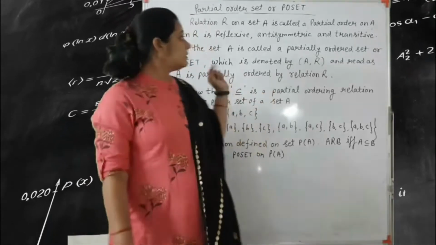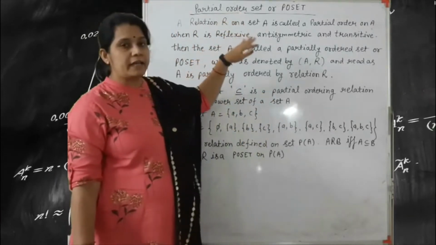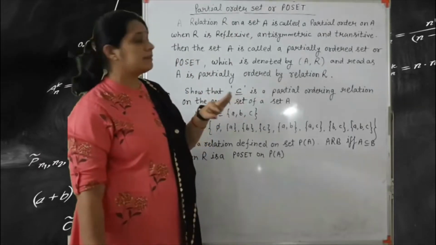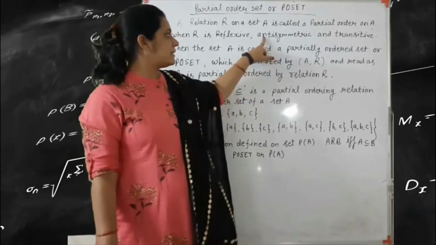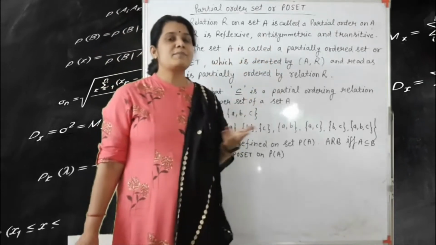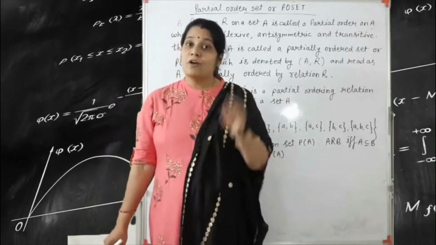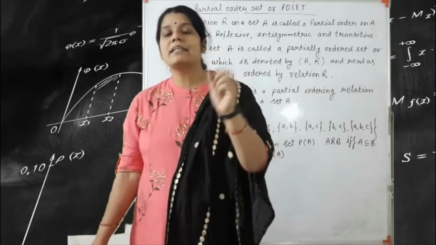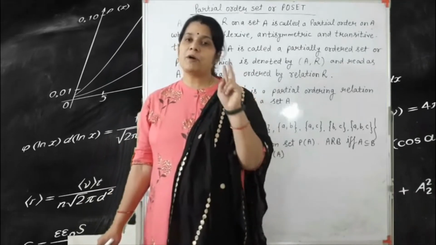In this topic, the partial order set, again we find three types of relation. The first and third are the same, but the second is the antisymmetric relation. We have already seen in our previous lecture what the antisymmetric relation is. We find it with the help of two methods.